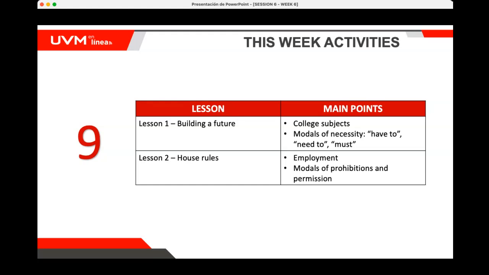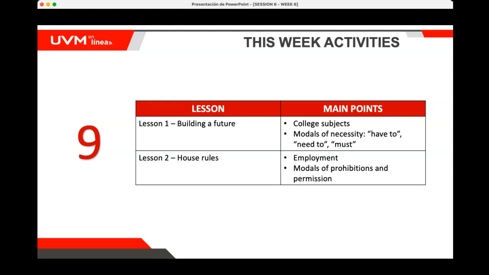There are important distinctions between must, have to, and need to, because as I told you before, modals are complicated. I'm going to share with you another PDF with all the modal meanings and also all the ways in which you can structure modals.